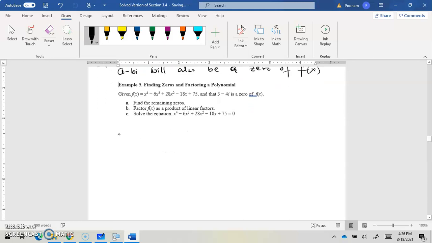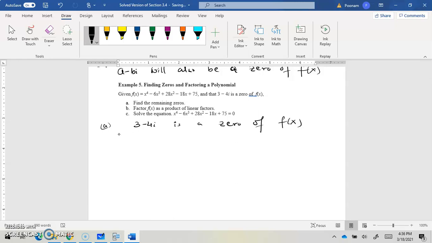Let's see. We have a function f of x equal to x raised to power 4 minus 6x cube plus 28x square minus 18x plus 75. 3 minus 4 iota is a zero of the given function. Then its conjugate.